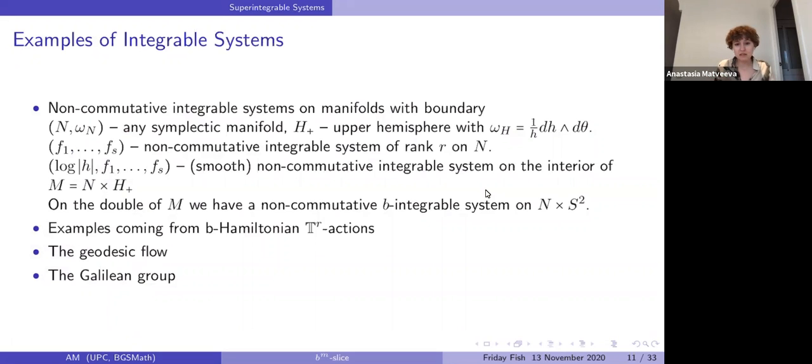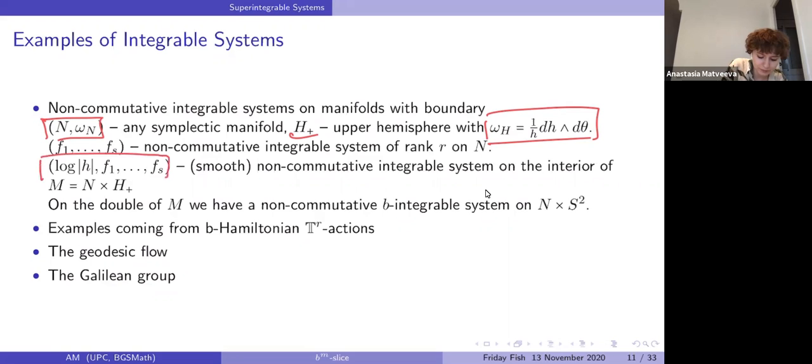So some examples of them would be, first, a little bit generic example of a non-commutative integrable system on a manifold with boundary coming from some symplectic manifold N with form omega and the upper hemisphere with the b-symplectic form like that. So if you have a non-commutative integrable system of rank R on N, you can also consider this system on the interior of the product of your symplectic manifold with the upper hemisphere.